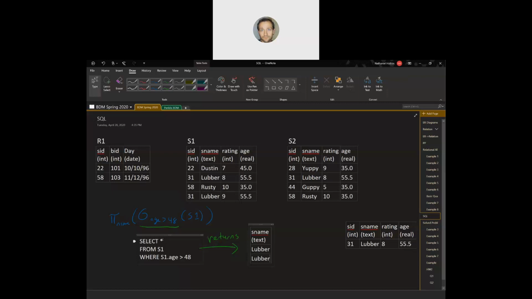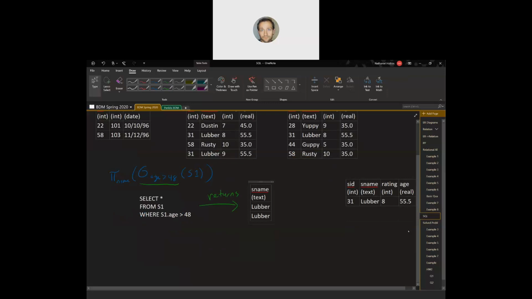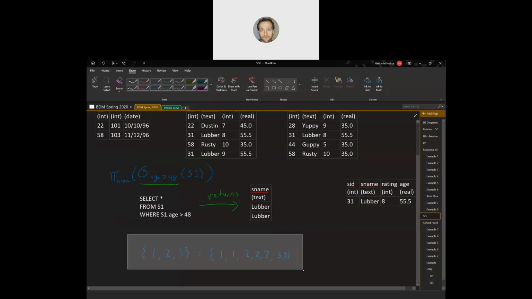And in the same way that we talked about in sets, if we're now shifting gears to just the mathematical notion of sets, the set with 3 elements 1, 2, 3 is equal to the set of elements 1, 1, 2, 2, 2, 3, 3. In the mathematical notion of sets, these are identical. Repeats don't matter with sets.